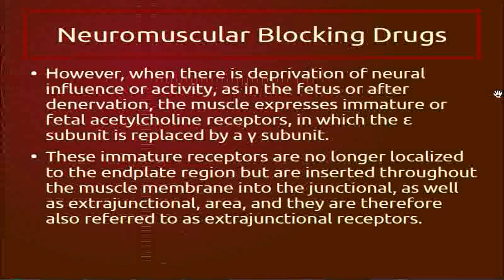They also have 5 subunits, but what's different? The junctional receptor has an epsilon subunit. The extrajunctional receptor, instead of the epsilon subunit, now has a gamma subunit. Those are nice little board questions to see if you know the structures of normal versus abnormal nicotinic muscle receptors. Okay?